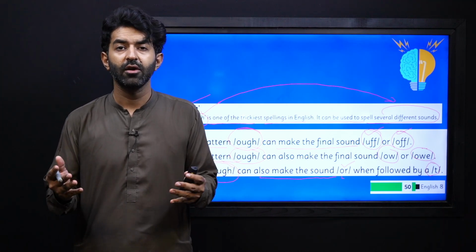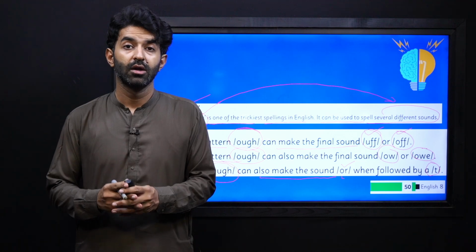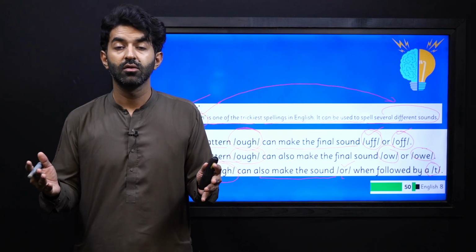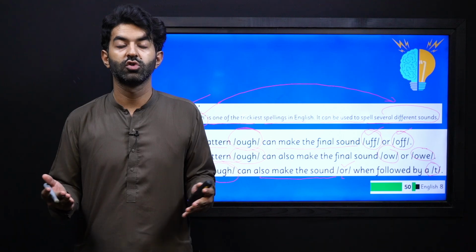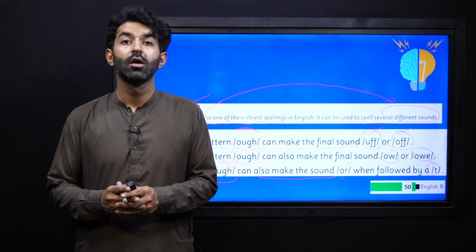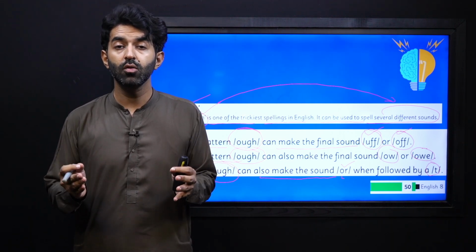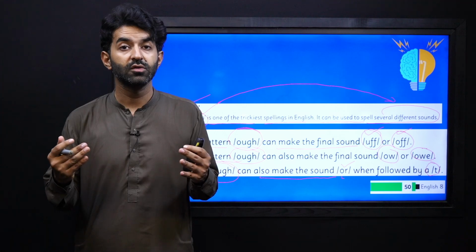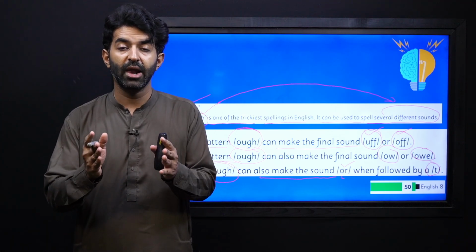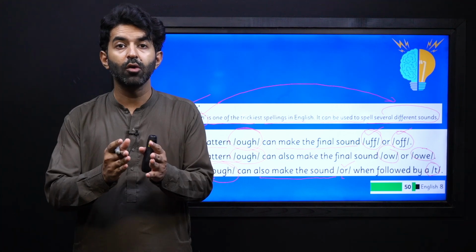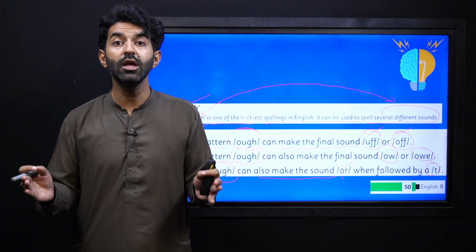So there are like 5 or 6 sounds, but the letter string, the pattern, is the same, OUGH. It means that whenever we see it in different words, first we need to learn the word so that we can pronounce it correctly. Because if you apply the rule of one sound to all the other words, then that would be wrong.